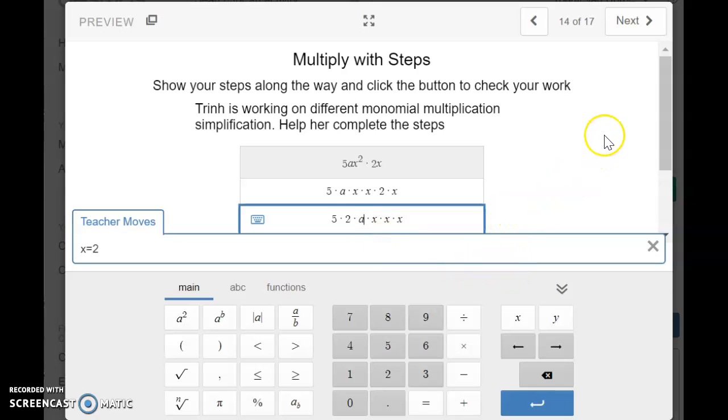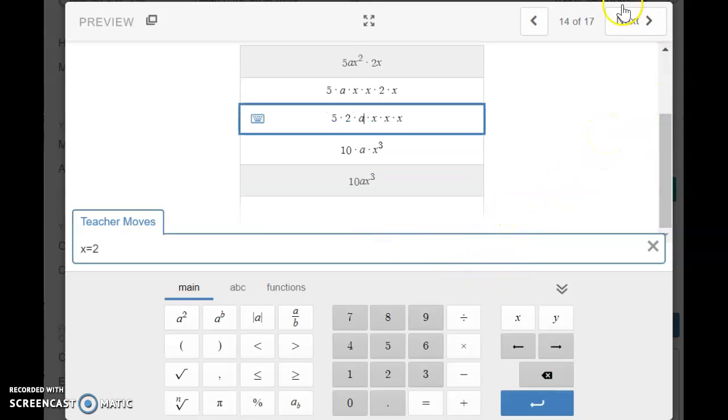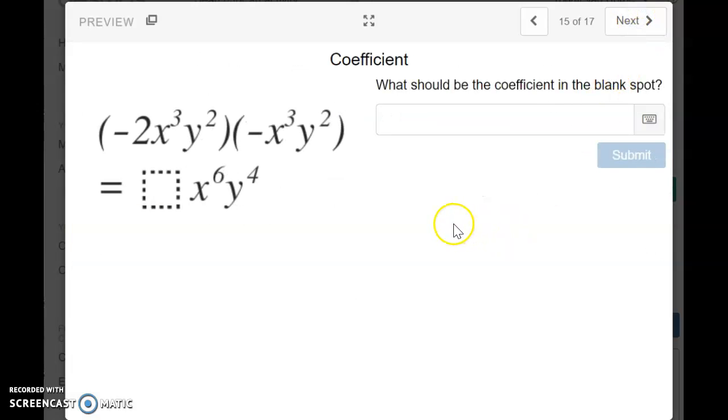Okay, and that matches up. All right, what should be the coefficient on the blank spot? So when you see negative x to the power of 3, we have x to the power of 3 multiplied by x to the power of 3. That's x times x times x times x times x times x, which is x to the power of 6.